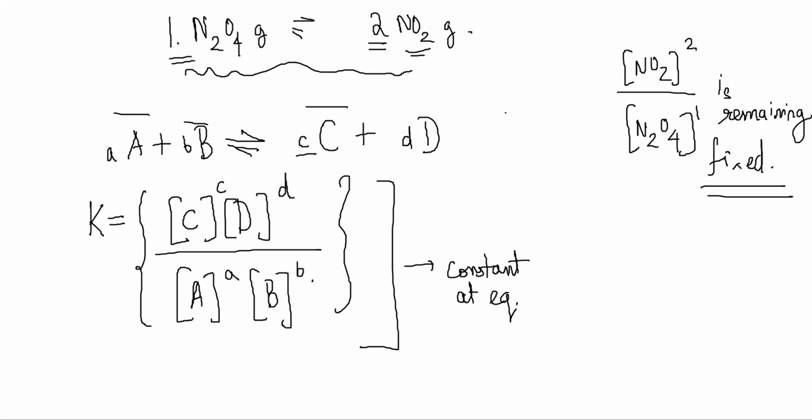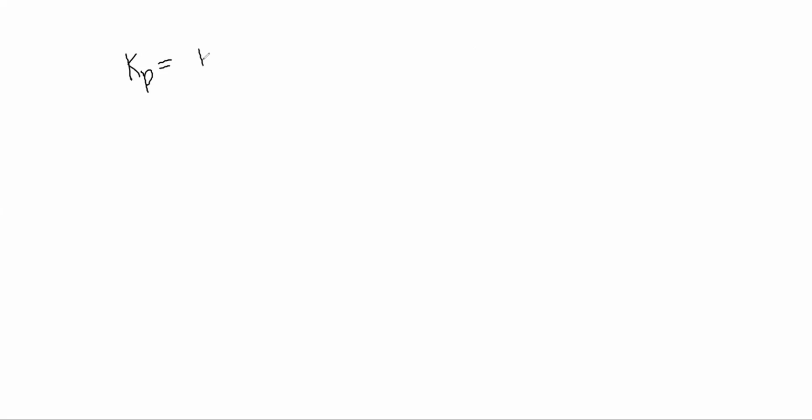So you get the equation Kp equals Kc (RT)^Δn. Δn is the number of moles of products minus the number of moles of reactants, c + d - (a + b).